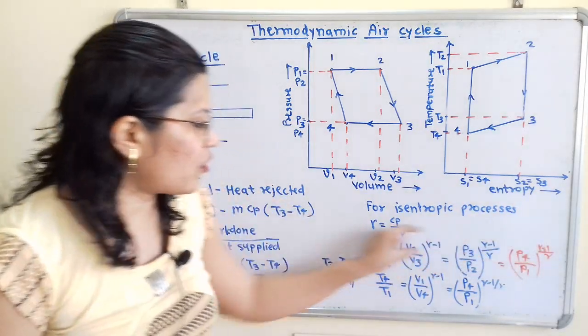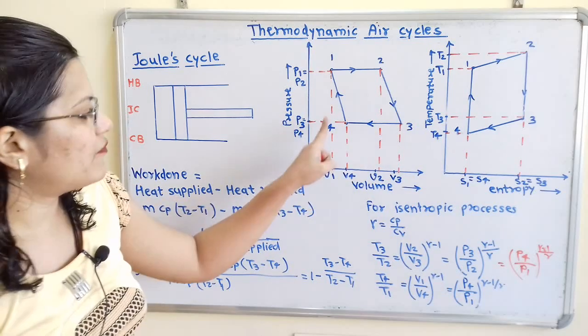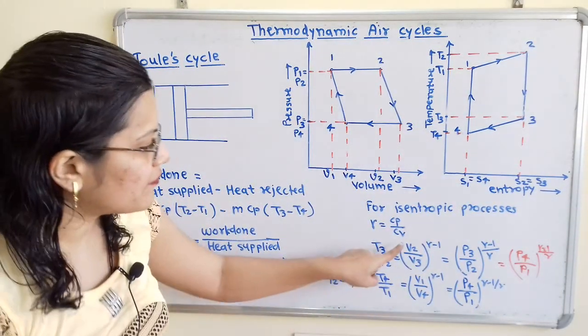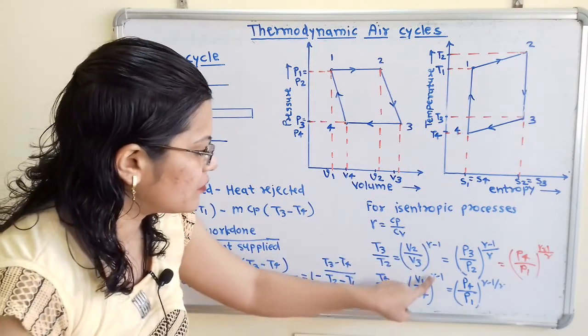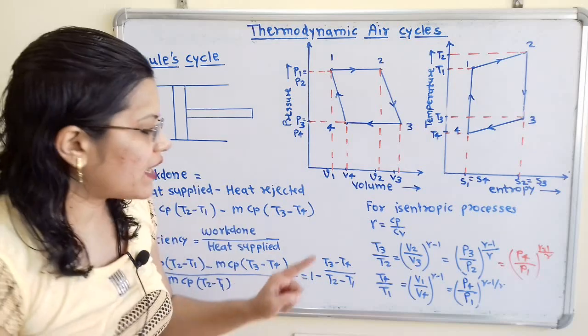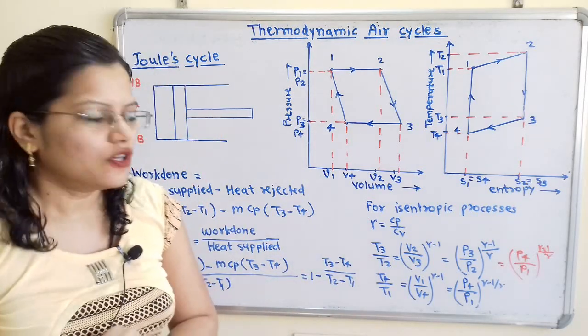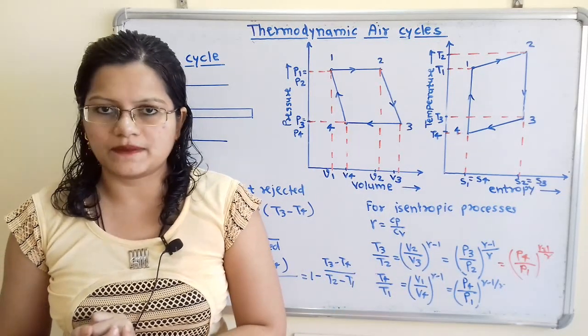We can equate all these, because P3 equals P4 and P2 equals P1. So (V2 by V3) raised to gamma minus 1 is equal to (V1 by V4) raised to gamma minus 1. We can also say T3 by T2 is equal to T4 by T1. All these relations we can use while solving problems.